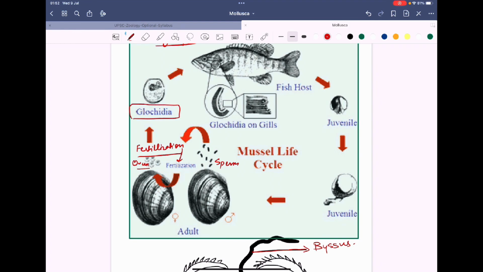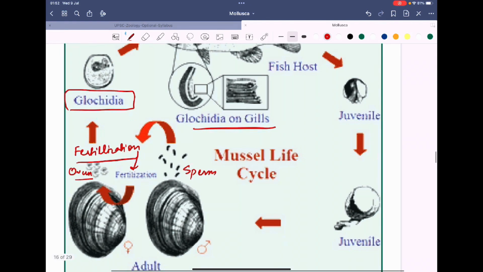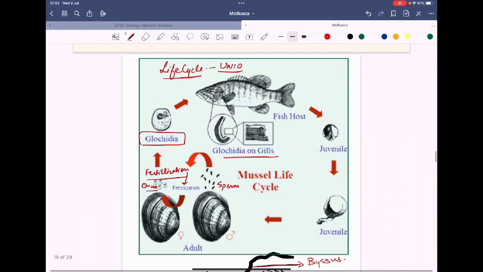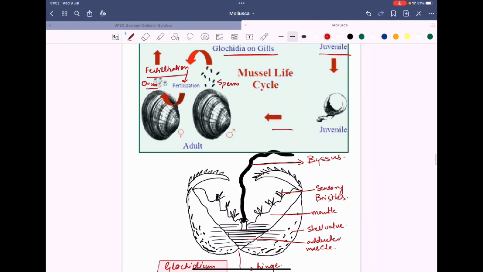After the glochidium larva is formed, it attaches itself to the gills of the fish. The fish acts as a host. After that, it slowly develops into the juvenile, and finally it develops into the adult. So this is how it develops.